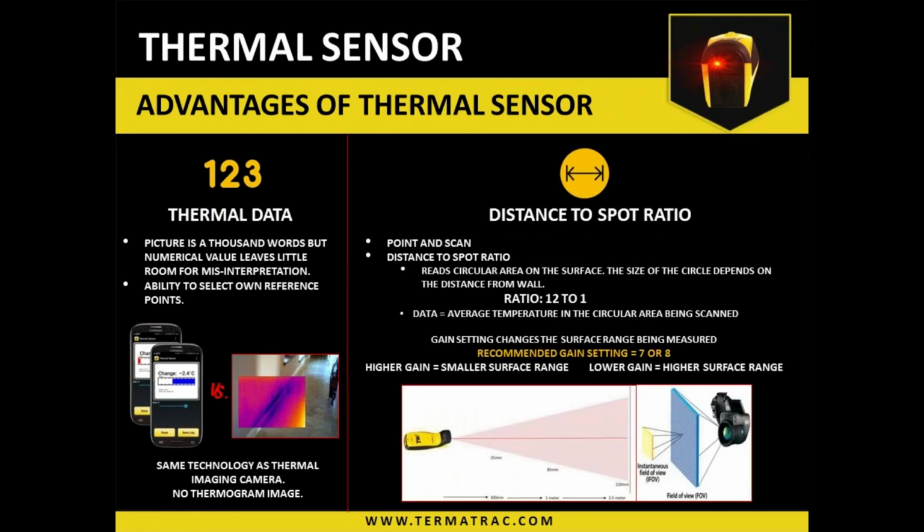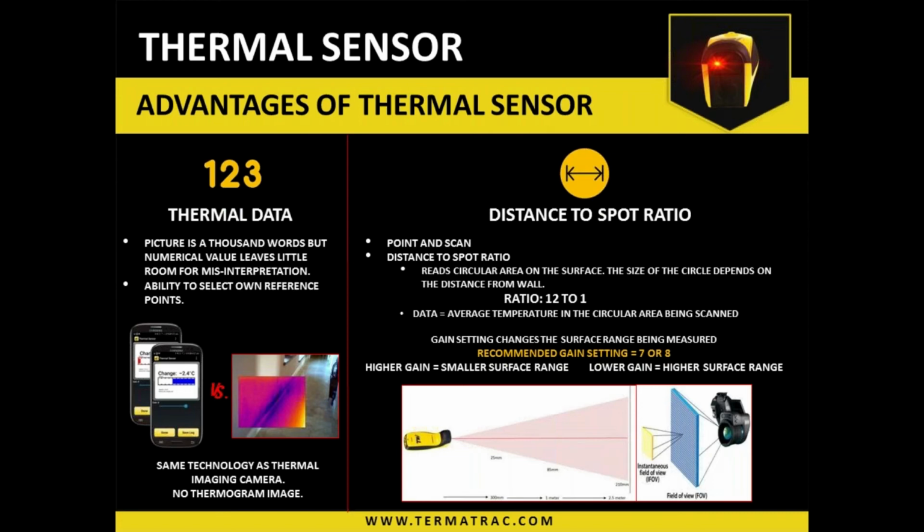So the same as the thermal image camera, it does have an optimum distance, which is governed by distance to spot. What the distance to spot's actually doing for us is altering the size of the instantaneous field of view. Further away from the material you go, the larger surface area it is actually taking its readings from. The Termitrac operates on a 12:1 ratio. So basically with that, if you are 12 centimeters from the material, it will read a 1 centimeter diameter area.